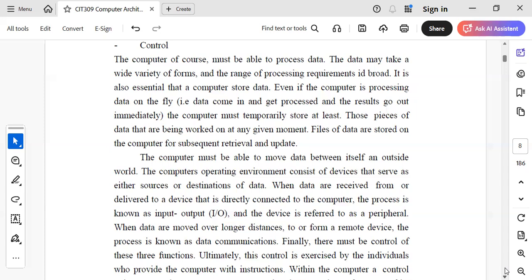That is data processing. So the four basic functions of a computer are data processing, data storage, data movement, and data control, or control, whichever way it is. And I think they're trying to explain data processing here.